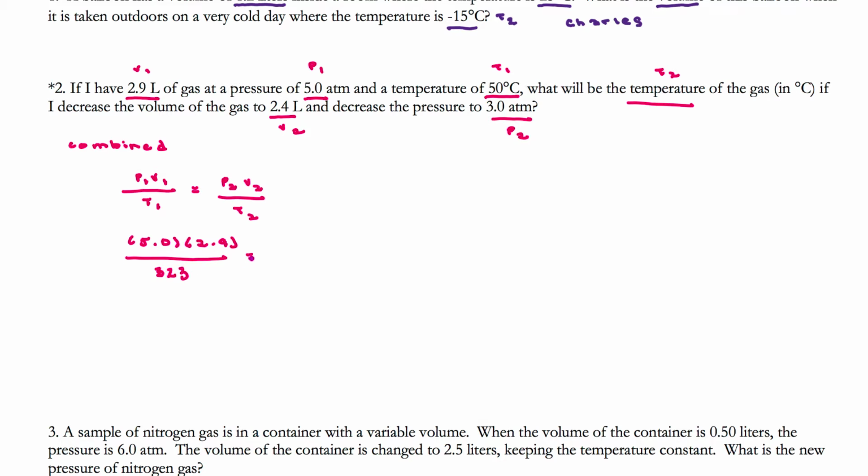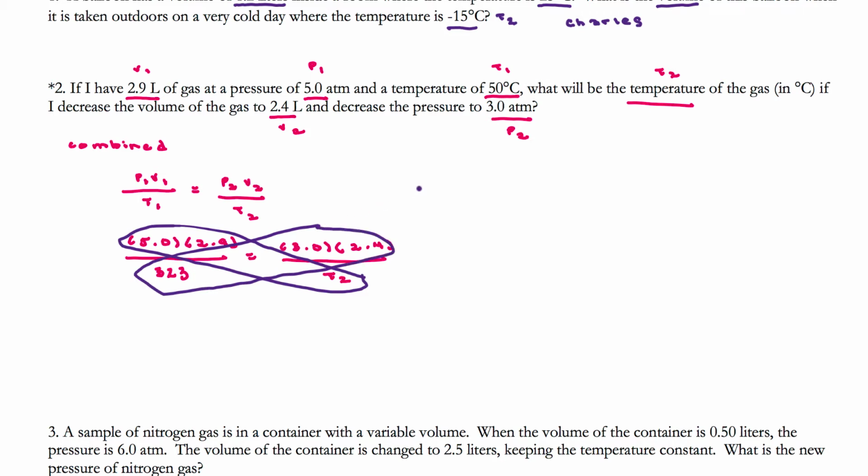That equals, my P2 in this case is 3 atmospheres. My V2 is 2.4 liters, and I'm solving for T2. So I need to cross multiply. I'm going to be solving for my T2.